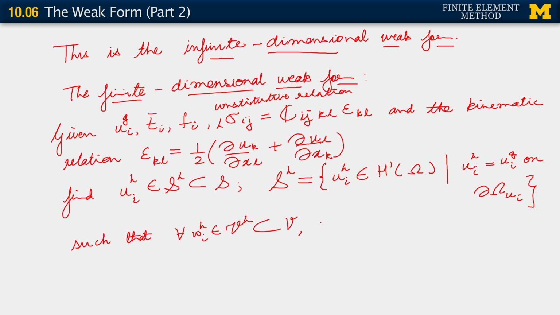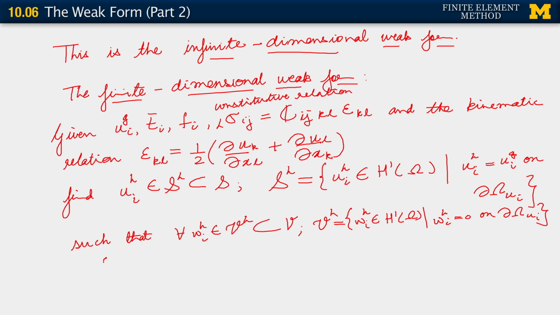And what is V^h? V^h consists of all weighting functions, also H1, such that w^h_i equals 0 on the corresponding Dirichlet boundary. So find u^h belonging to S^h such that for w^h belonging to V^h, what holds?